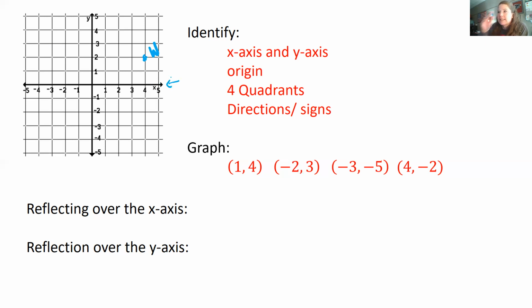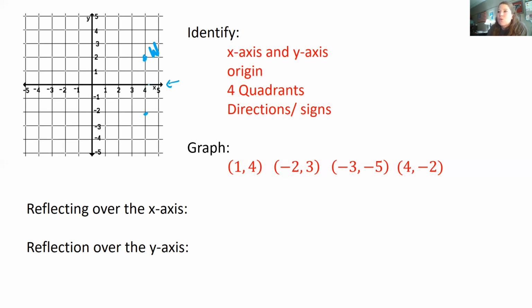It's the horizontal axis. So if I reflect W over the x-axis, that means the x-axis is going to be equal distance between my first point and my second point. If you start at the x-axis, this is 2 above the x-axis. If I reflect over the x-axis, I'm going to be 2 below the x-axis.